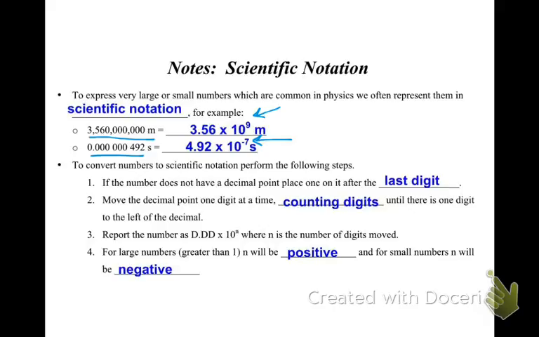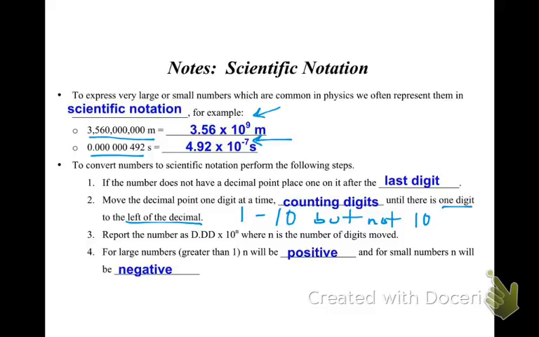Now, to convert into scientific notation, here's what you do. Just a refresher. If the number does not have a decimal point, put one after the last digit. Then move the decimal point one digit at a time, counting the digits, until there's one digit to the left of the decimal. In other words, you want a value between 1 and 10, but not 10, so 9.9 or something like that.